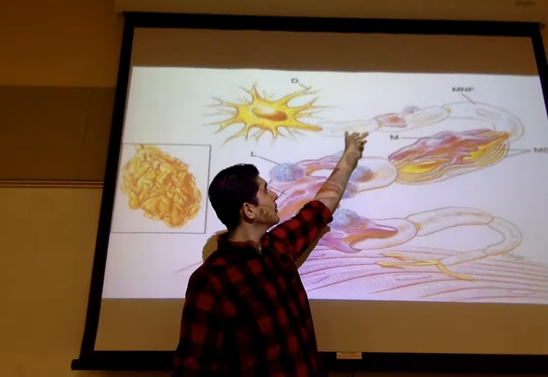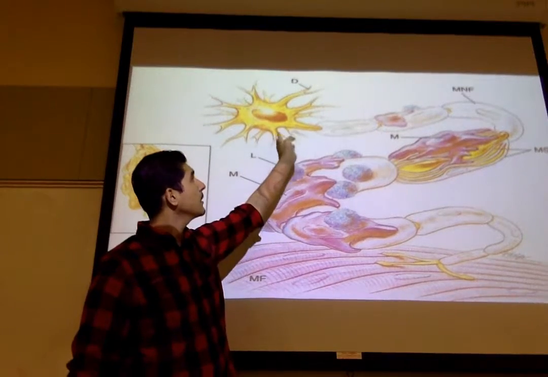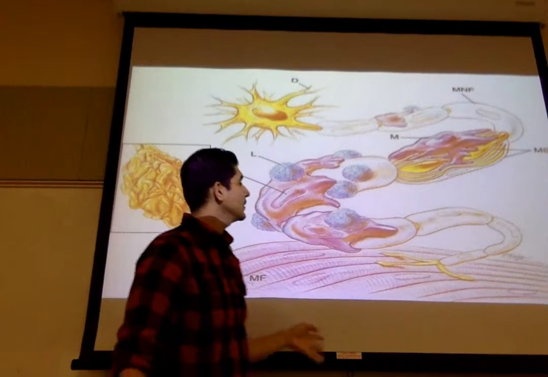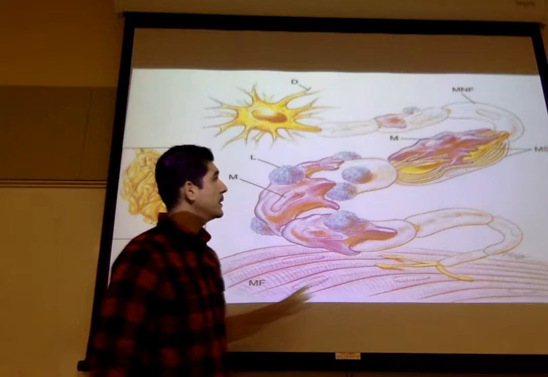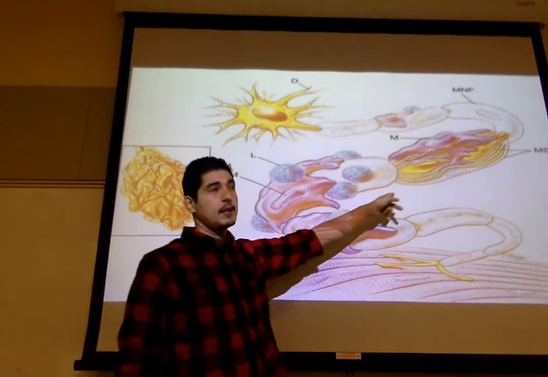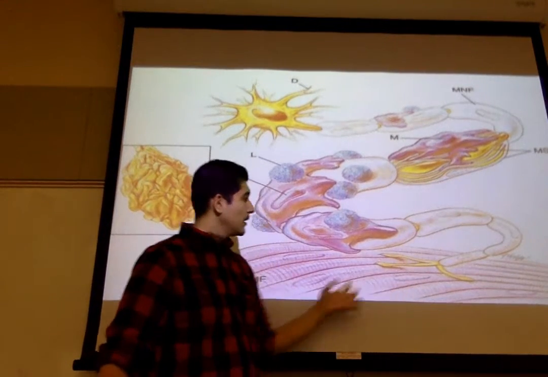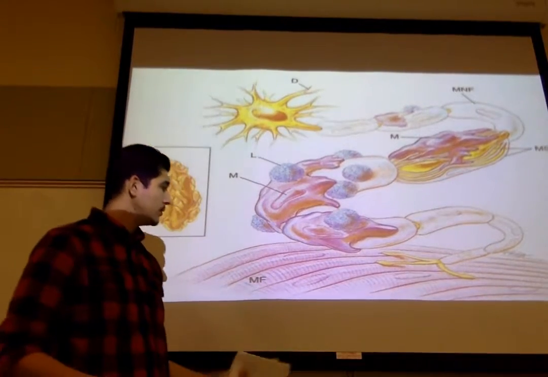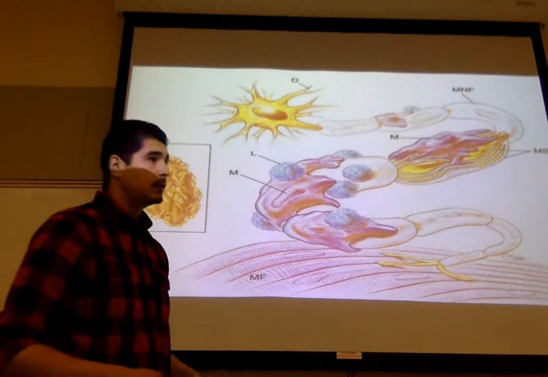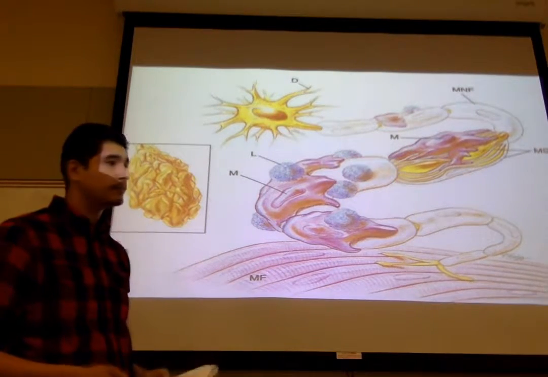This is what a normal, healthy myelin sheath would look like. The dendrite would be sending those nerve impulses to your muscle fiber, but because the macrophages and lymphocytes are attacking that myelin sheath, those nerve impulses will not be conducted all the way down. So you will lose the ability to move your muscles as well as your reflexes.